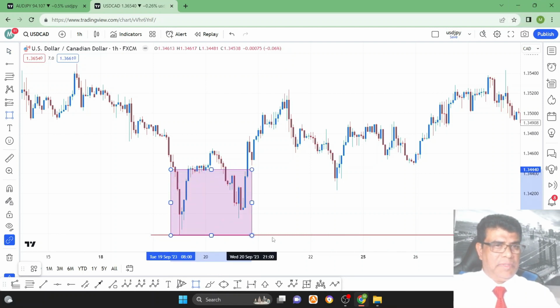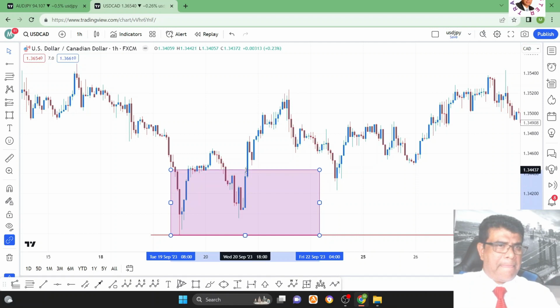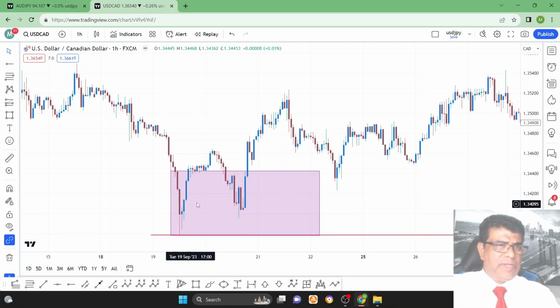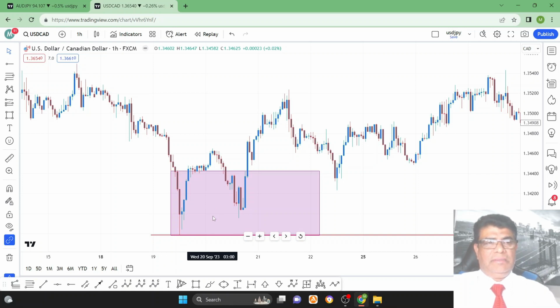This is my whole area. As soon as this candle closes above the previous candle, the red candle, now this area is an order block.